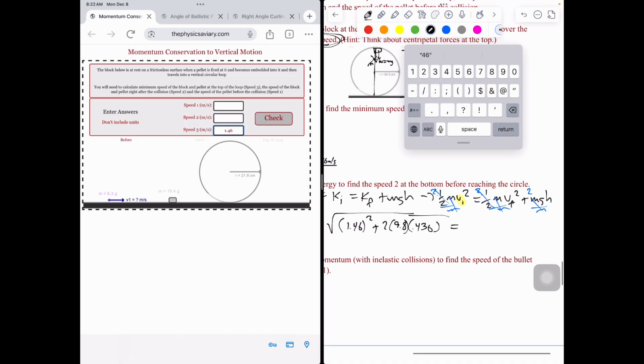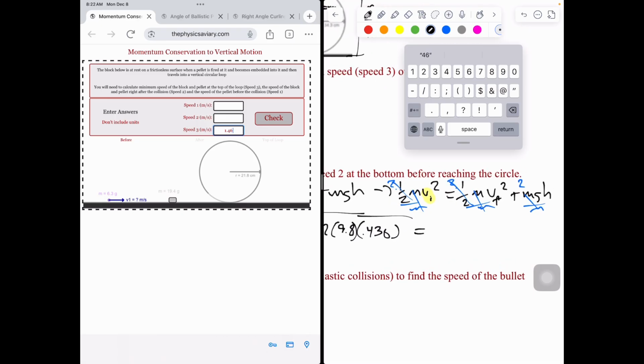So I'm going to go 1.46 squared plus 2 times 9.8 times 0.436. Then we need to square root that. Please go ahead and find your velocity after collision. Mine is about 3.27 meters per second.